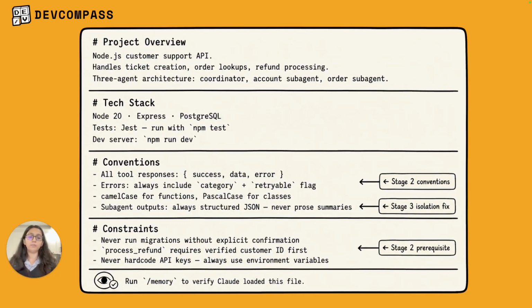Constraint section at the bottom: never run database migrations without explicit confirmation. Process refund requires a verified customer ID first. The first is an operational safety rule. The second is the programmatic prerequisite that we have discussed before, but stated as a convention so that Claude won't even try to call process refund without checking first.